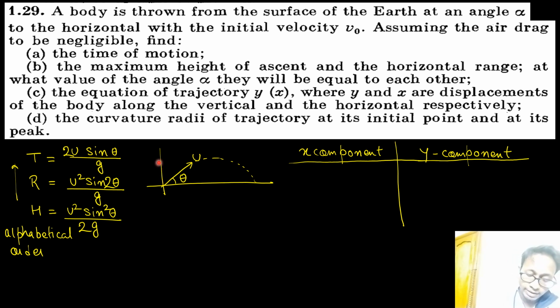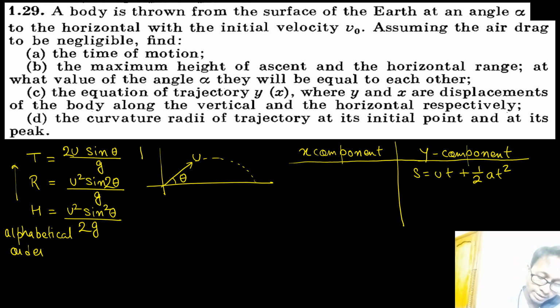Can I say the displacement in the y component will be 0? The y component of displacement started at y equals 0 and ended at y equals 0, and we apply the formula s equals ut plus half at square.